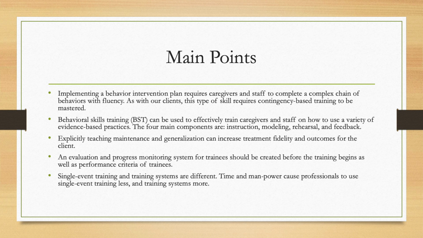It's not just one behavior or isolated behaviors. It's a chain that needs to happen in a specific order with specific timing. The person needs to feel so comfortable with it that it's almost like second nature or autopilot. As with our clients, this type of skill requires contingency-based training to be mastered.